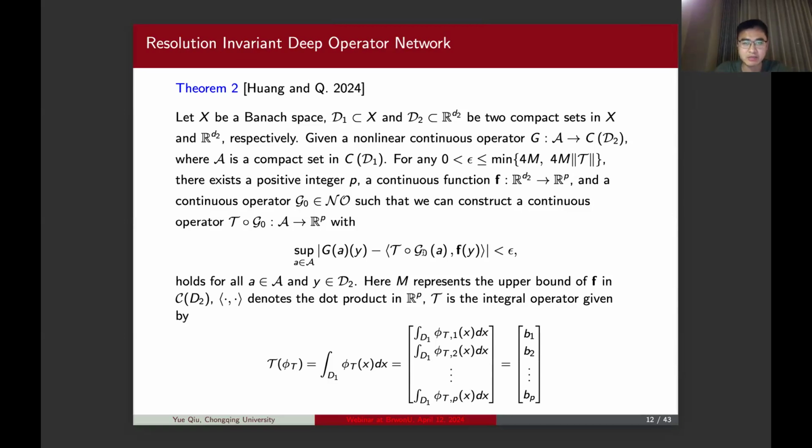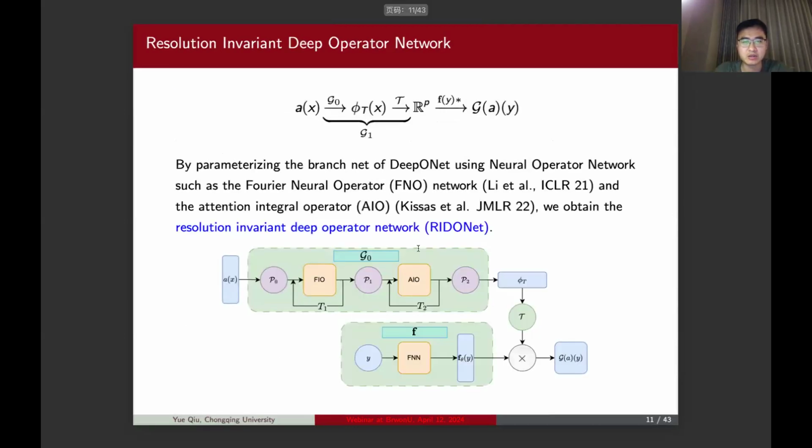It does not specify any details about what G0 is composed of. So for this block G0, you can just replace the Fourier integral operator or attention integral operator by whatever kind of neural network model fits, with functional input and functional output.